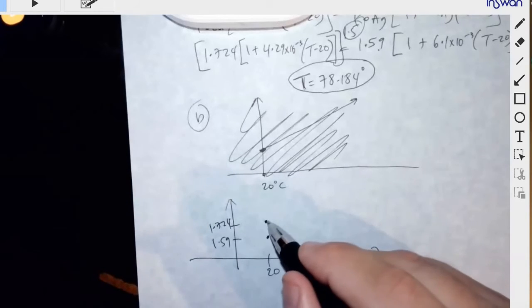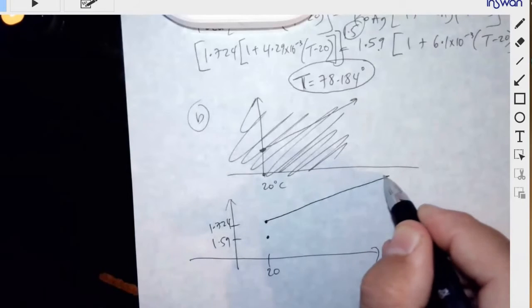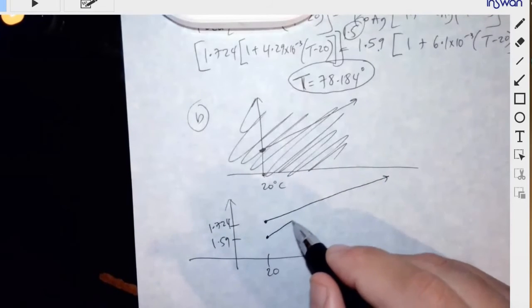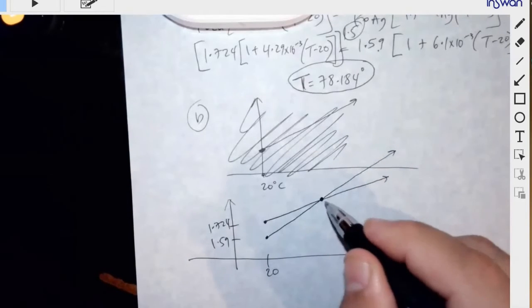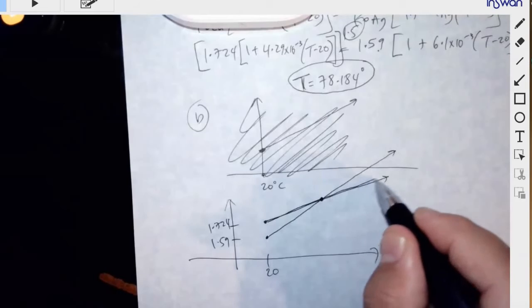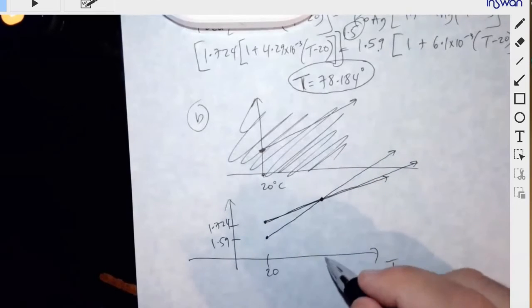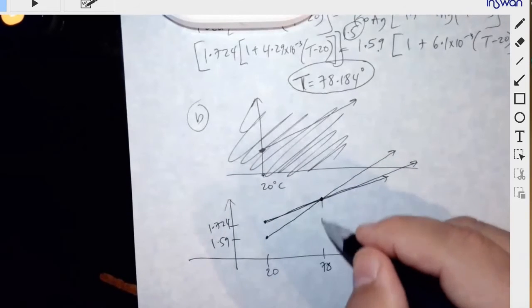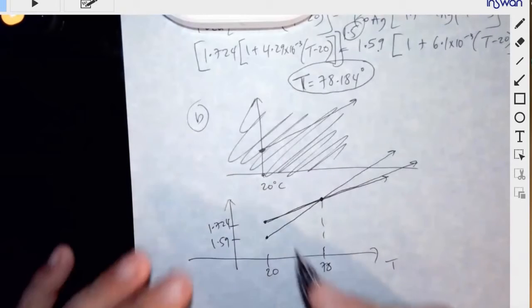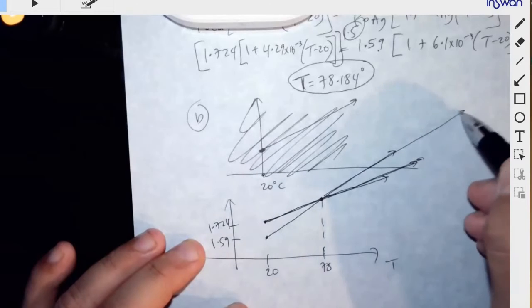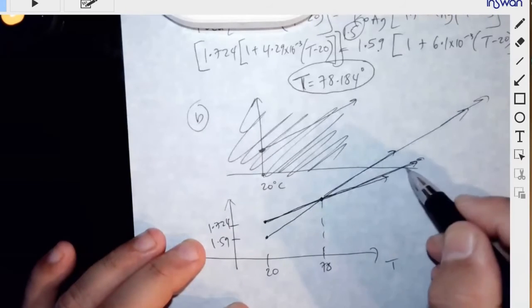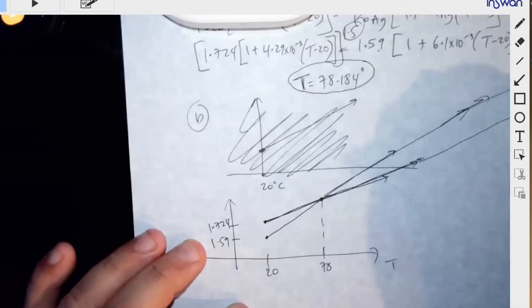But the copper's growing slower, and this one's growing like this. So we notice that at 78 degrees, they're the same.